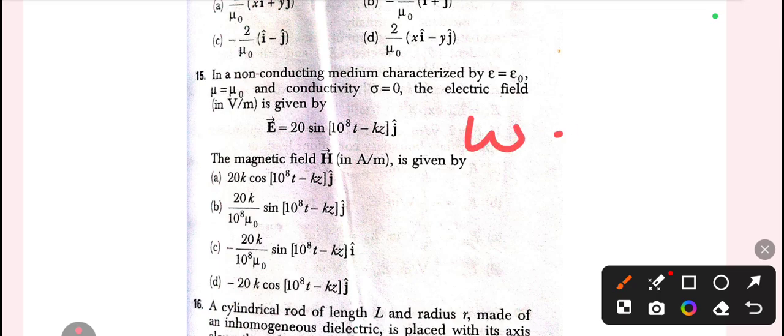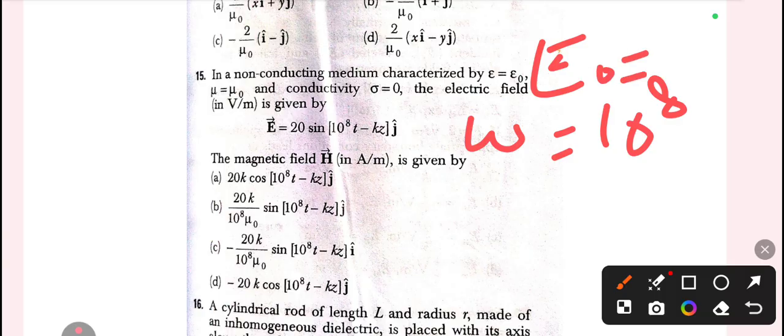comes out to be 10 to the power 8 and E naught is equal to 20.